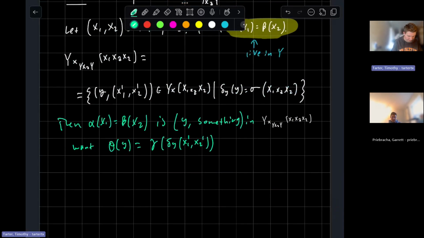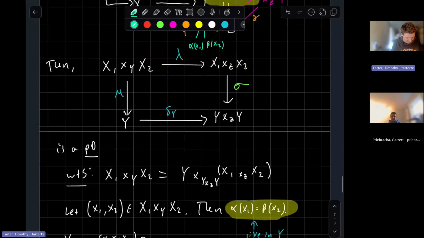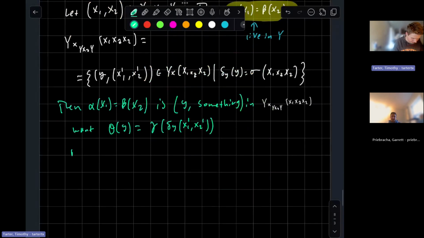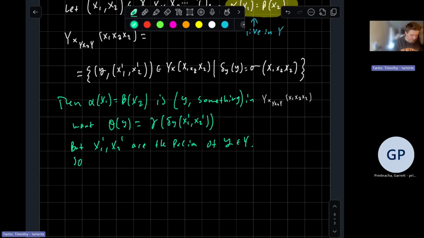But then x1 prime and x2 prime are the preimage of y in y. So we get forward containment.